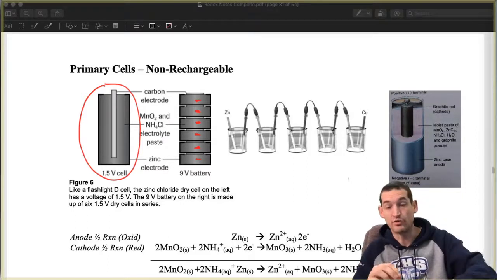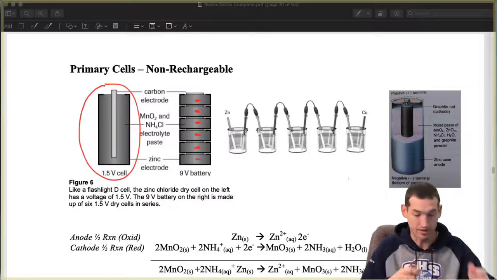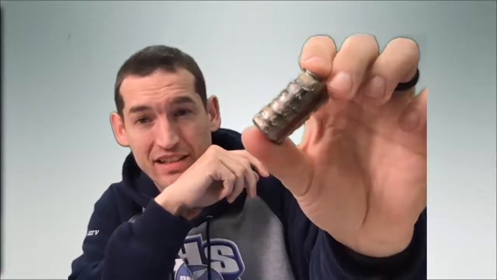And I do not recommend you do this at home, but if you take a 9-volt battery, you know, the kind you test by sticking it on your tongue, if you break one of these open, what you actually have inside is 6 little tiny batteries piled on top of each other. So these produce a lot more voltage, 9 volts compared to 1.5 volts. But if you had to draw voltage, this one would last much longer than this one, because this is really just 6 batteries that you're using all at the same time.